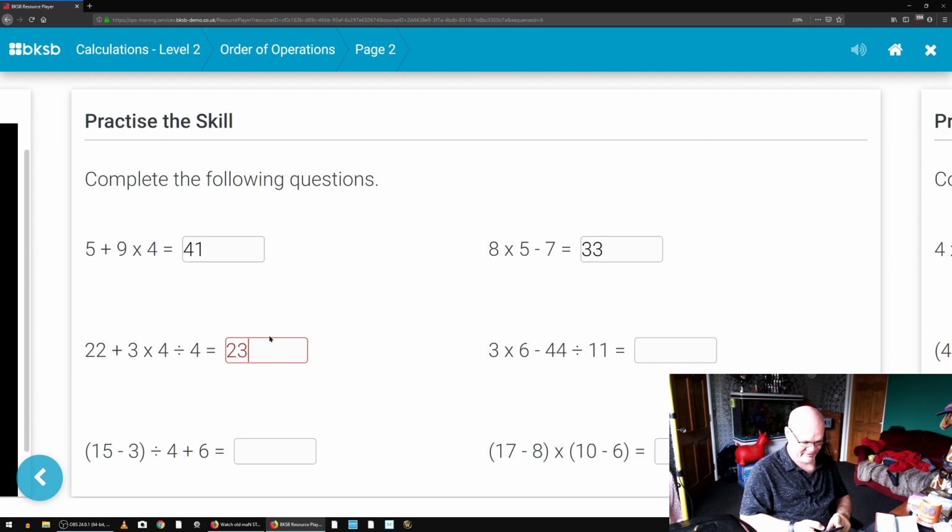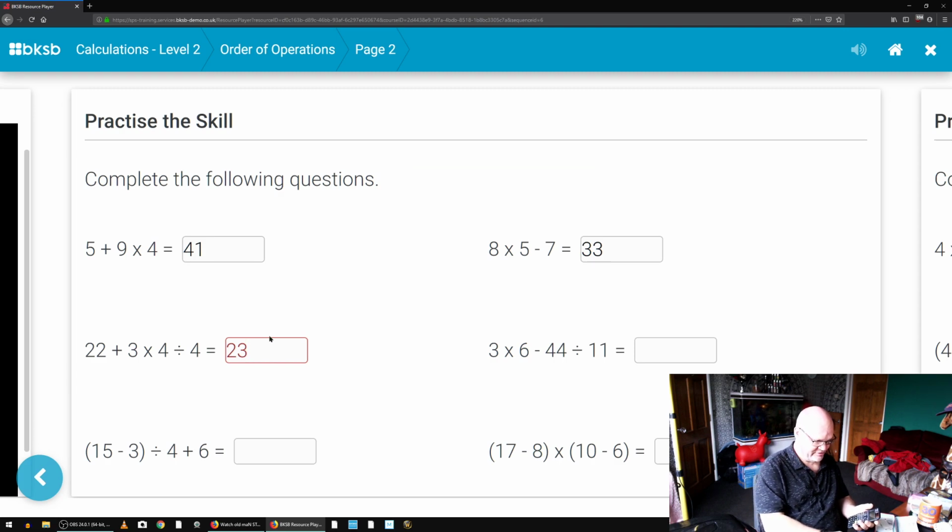Should we put the brackets in how I did it? 22 plus 3 brackets 4 divided by 4 brackets. Does that look right? I still got 25. So where did I go wrong then for getting 23?